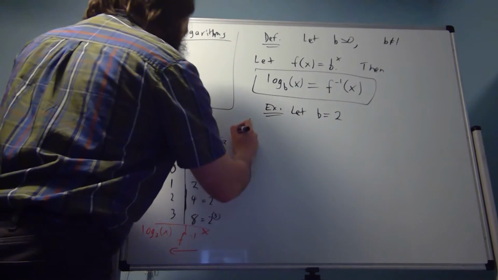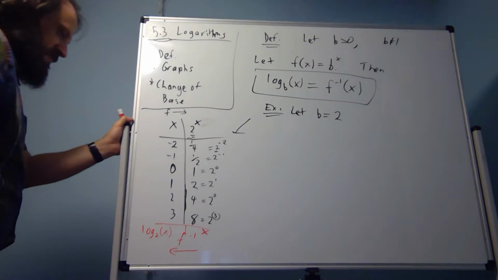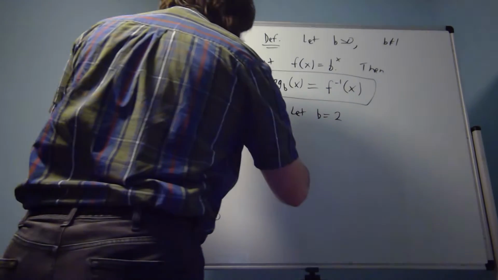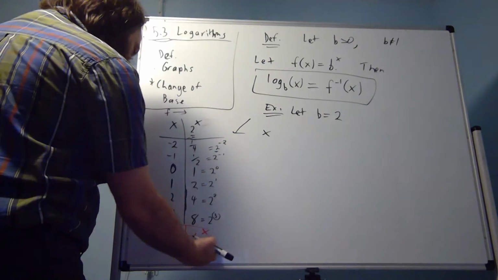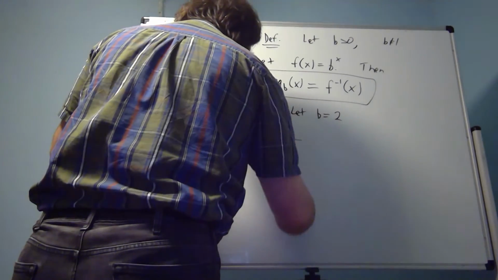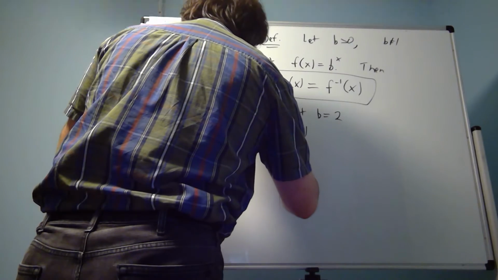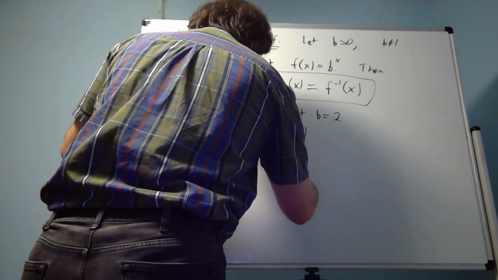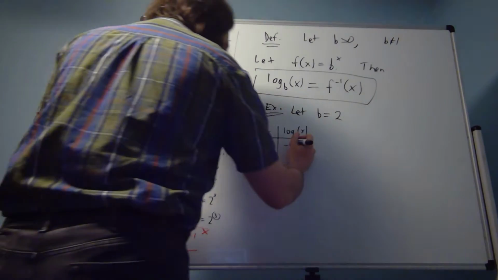So if you read this table from right to left, you get the log table. So let's just straighten that out. If I call these x's and I call these y's, and I write it in the standard order, so just flip it. What power of 2 is this? It's the negative second power.